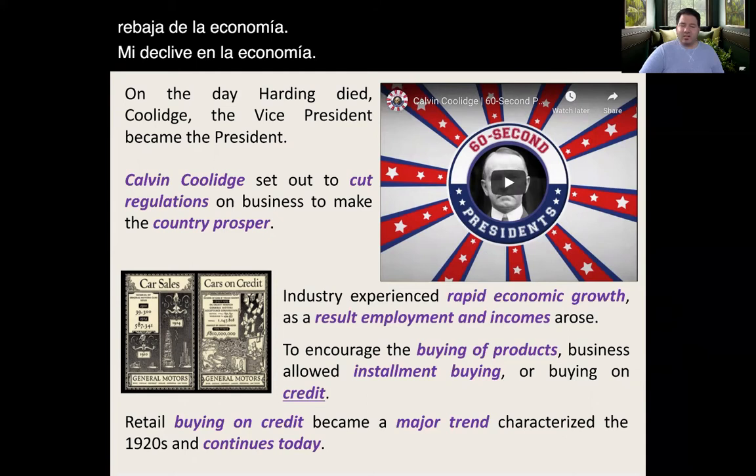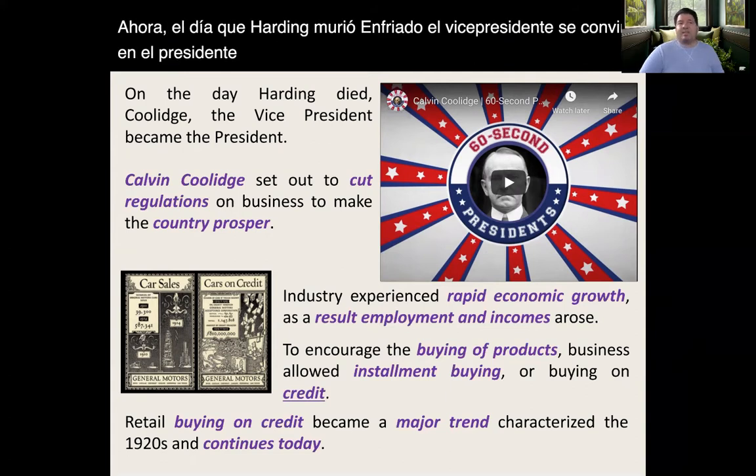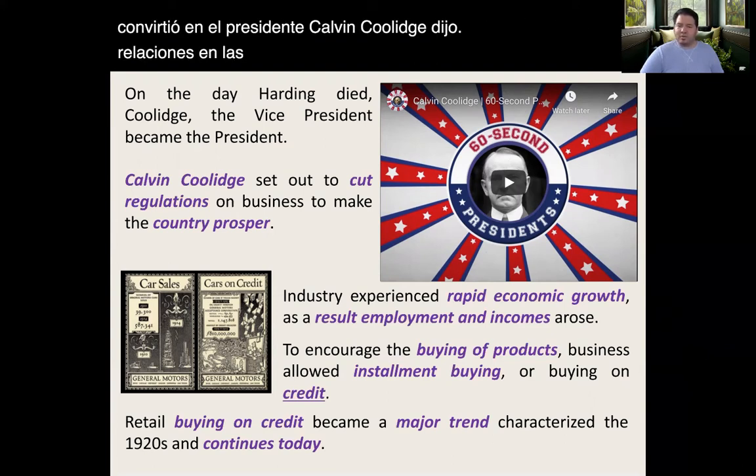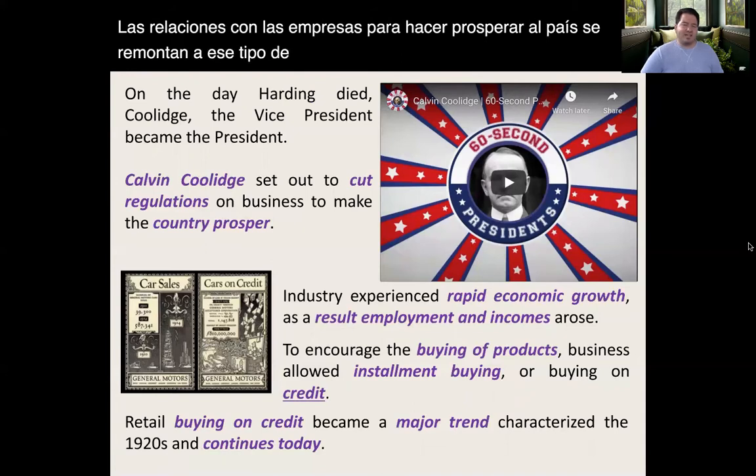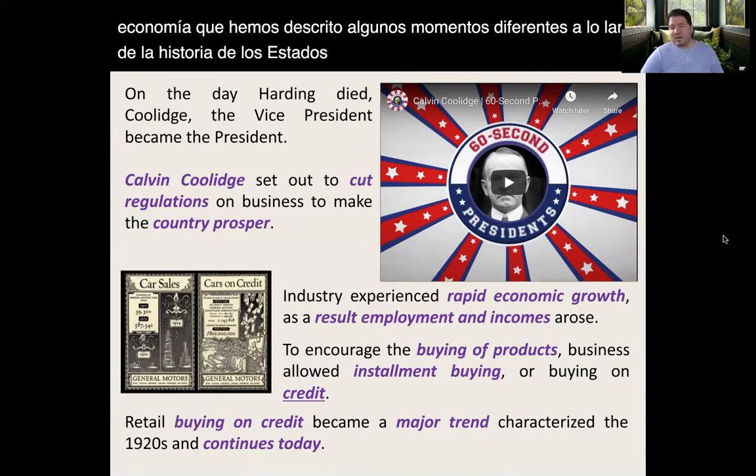Now, on the day that Harding died, Coolidge, the vice president, became president. Calvin Coolidge set out to cut regulations on businesses to make the country prosper. Going back to that laissez-faire type of economy, that hands-off economy that we've described a few different times throughout U.S. history, where the government gets involved as little as possible with businesses and allowing them to expand.